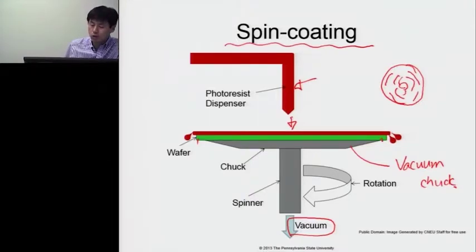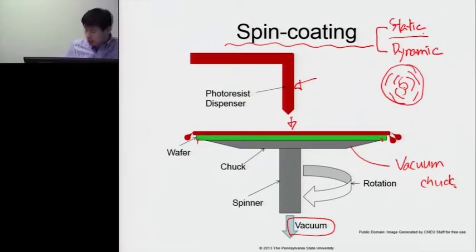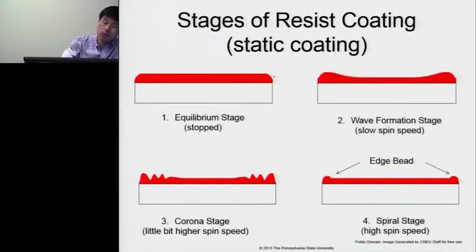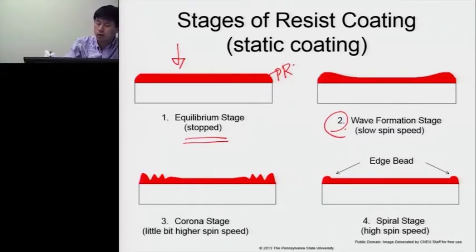There are two ways of applying this coating: one is static, and the other is dynamic coating. Static coating applies the photoresist when the substrate is stopped. Once we apply the photoresist, we first spin the chuck at a very slow speed.